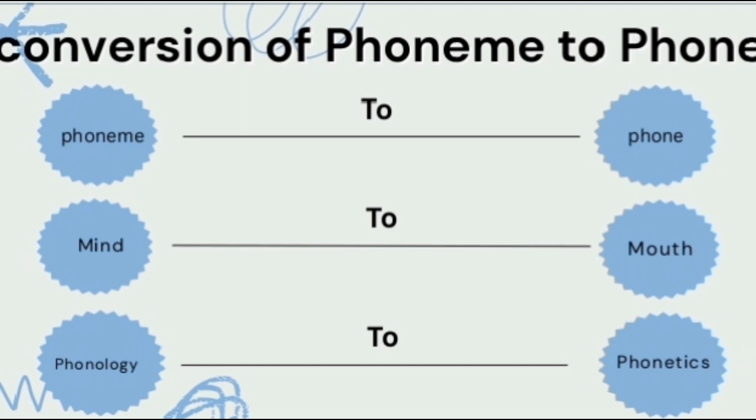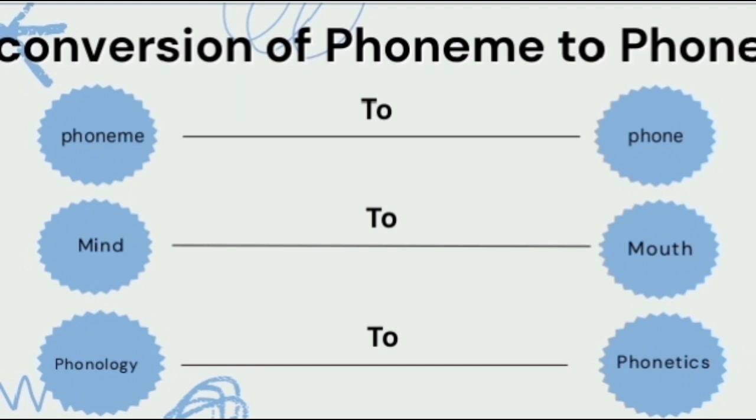Then we have the third circle, that is phonology. When we have a phoneme in our mind, it is studied in phonology. But when this abstract sound is uttered out through the mouth and changed into a concrete form, it is studied in phonetics.